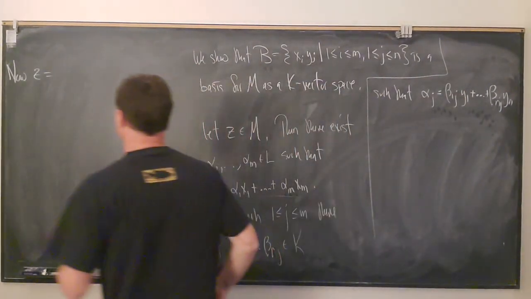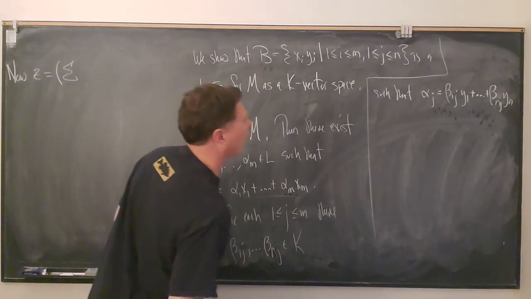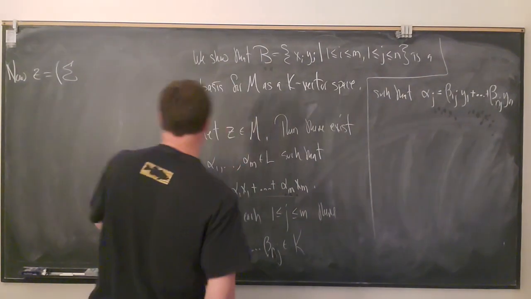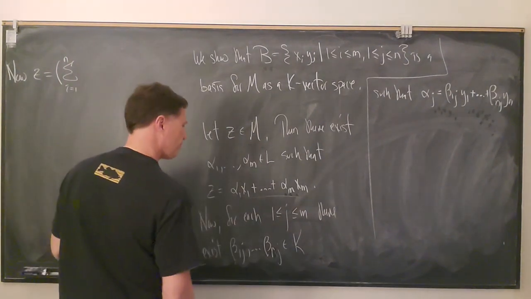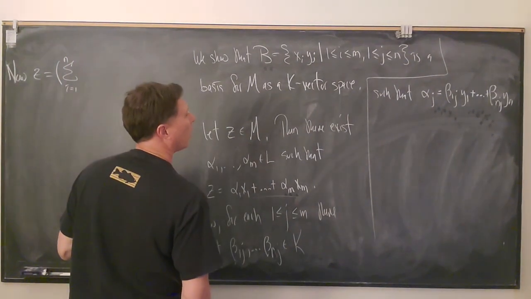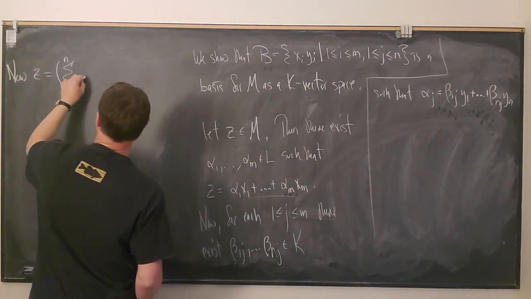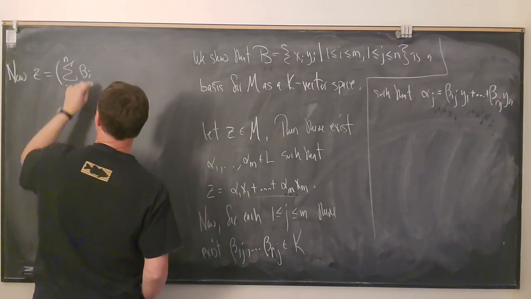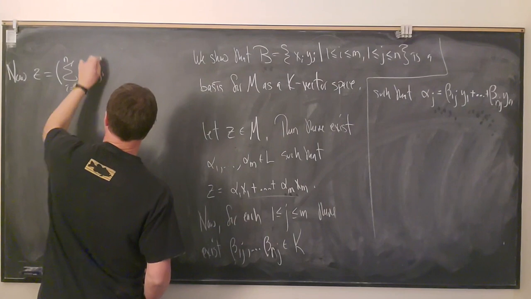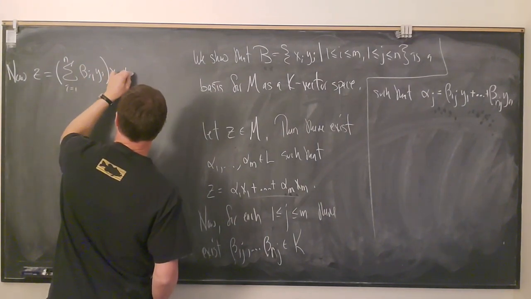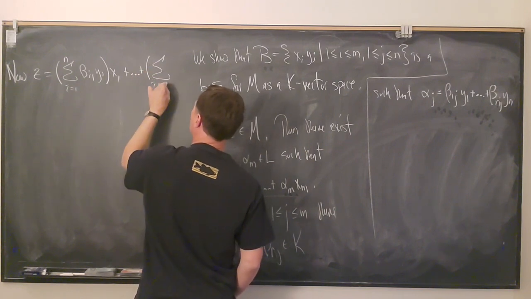So z is equal to the sum, i equals 1 to n, of beta i1 yi times x1, plus dot dot dot plus the sum i equals 1 to n of beta im yi times x sub m.